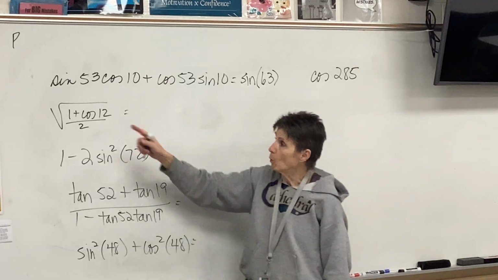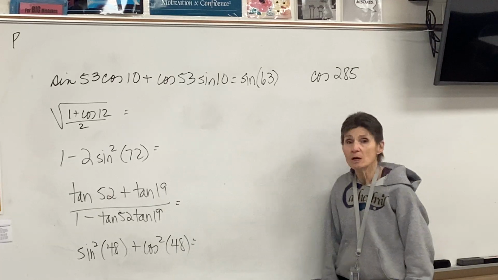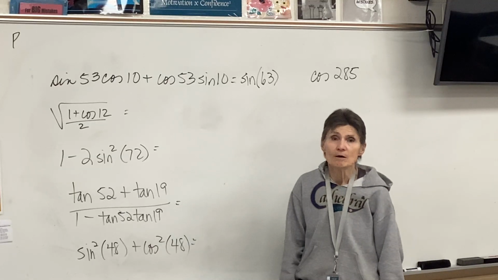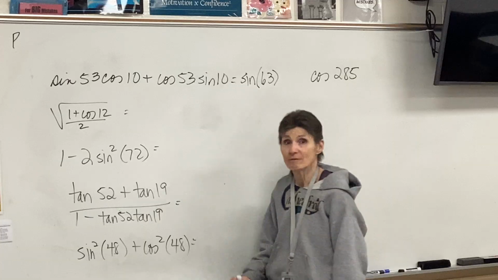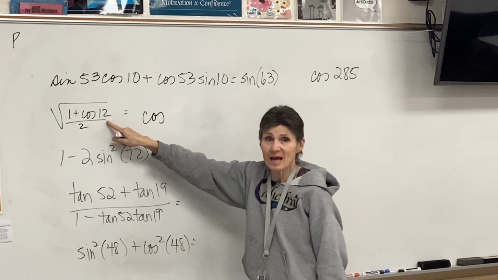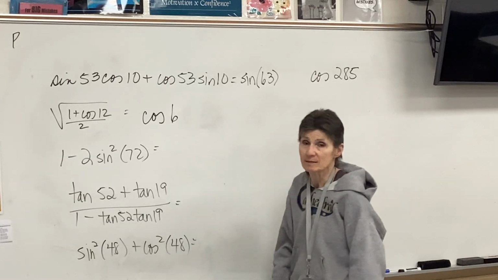All right, this one, 1 plus cosine divided by 2, all under a radical. That is the formula for the cosine of x over 2. So the cosine of half the angle, so cosine 6.